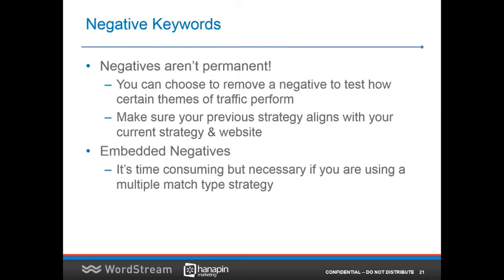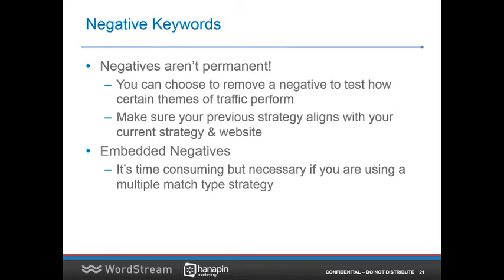easy to manage account. So what this would look like is match types segmented by ad group, and then your exact match ad group would not need any embedded negatives, but your phrase match and your broad match ad groups would need them. So your broad match would need that exact same list of positive keywords on phrase and exact, and your phrase match ad group would need that exact same positive list of keywords on exact match.